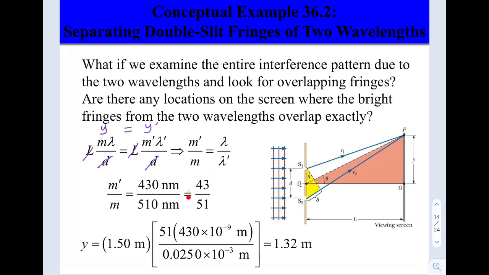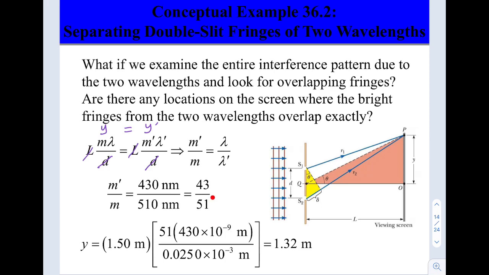This is the meaning. This is where the overlapping is going to happen, because we put the condition of y equivalent to y prime. So for the 430, it's the order of 51, and for the 510 nanometer wavelength, the order of 43. So this order is going to overlap.